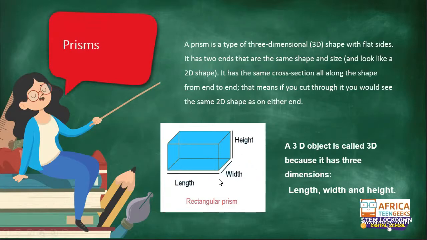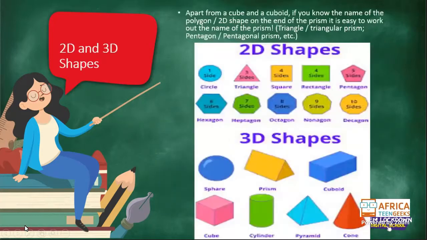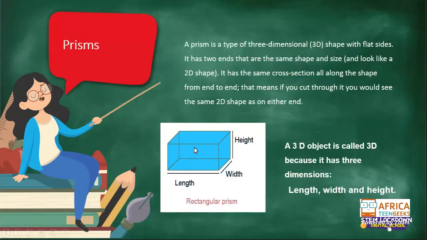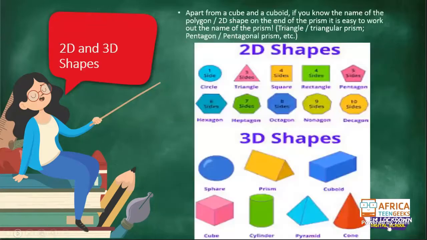All right, so here we have an example. If you're looking at the screen, we have an example of a rectangular prism. This is the length, here this is called the width, and here the height. This line here represents the height of the 3D shape. A 3D object is called 3D because it has three dimensions, which are the length, the width, and the height.